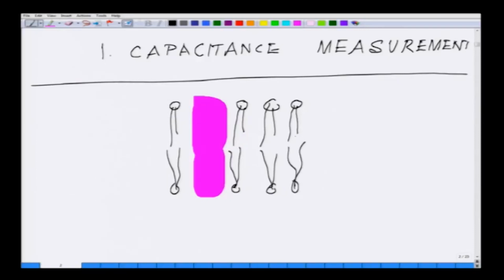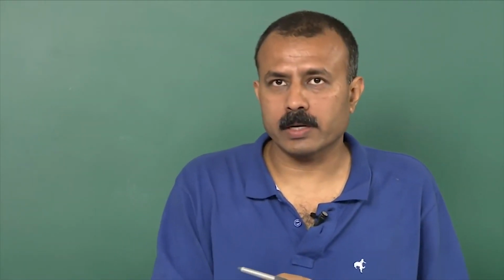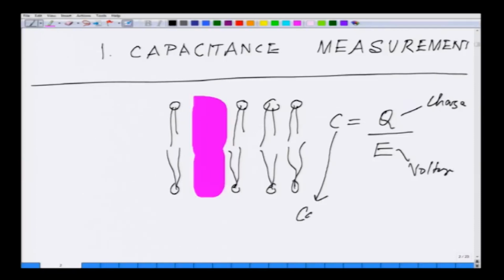So, if you go back to the basics of a capacitor, you see the formula C equals Q by E. If C stands for capacitance, then Q is the charge, E is the voltage, and C is your capacitance. Okay. So, this is how we define capacitance.